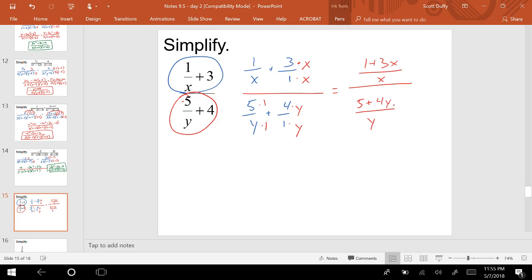From there, when you divide a fraction by a fraction, it's the same thing as multiplying the top fraction by the reciprocal of the bottom. So what I'm going to do is rewrite this top fraction, 1 plus 3x over x, but being multiplied by the reciprocal of the bottom, which is y over 5 plus 4y.